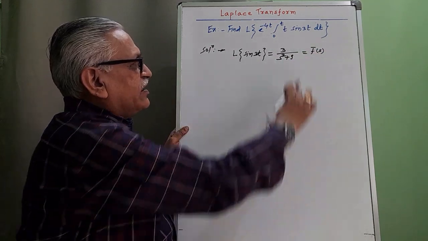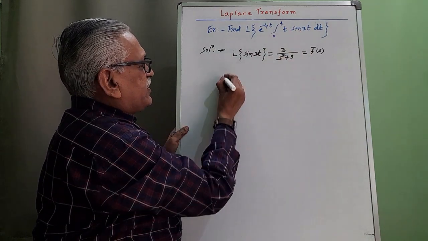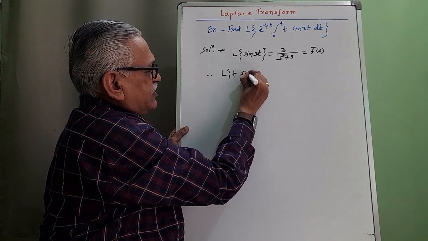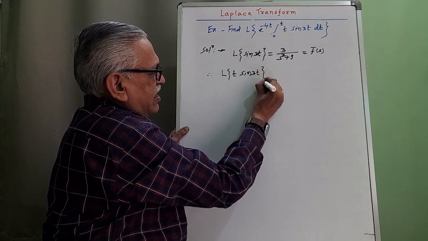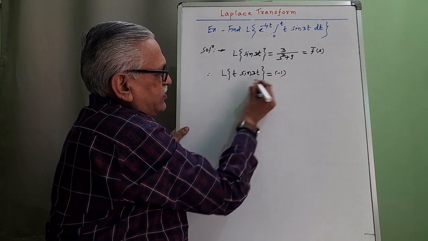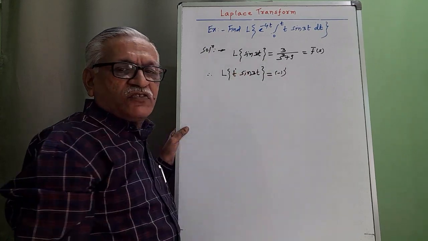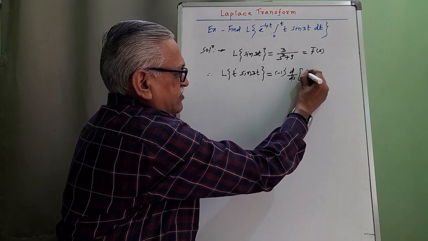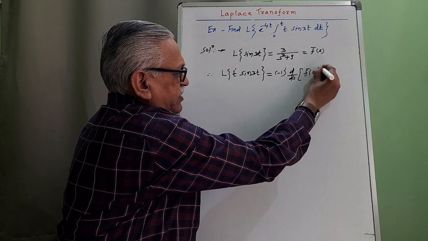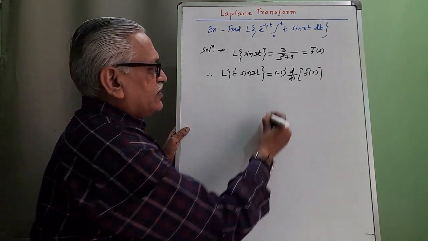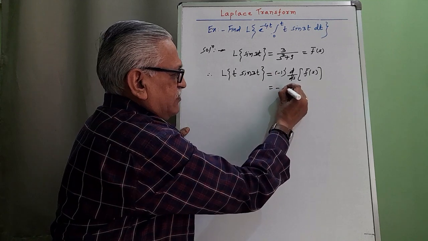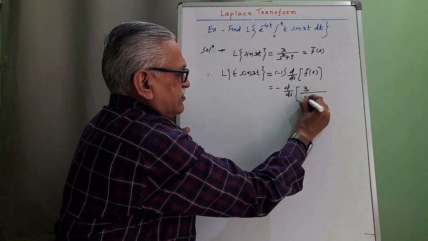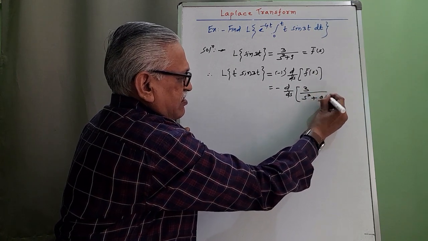Then multiplication by t property. Therefore, as per that, the Laplace transform of t into sine of 3t. Applying that theorem, it is minus 1 raised to n, n is here 1. Therefore, minus 1 raised to 1, d by ds of f bar of s, same order derivative, means first order derivative. Substitute value, therefore minus d by ds of 3 upon s square plus 9.